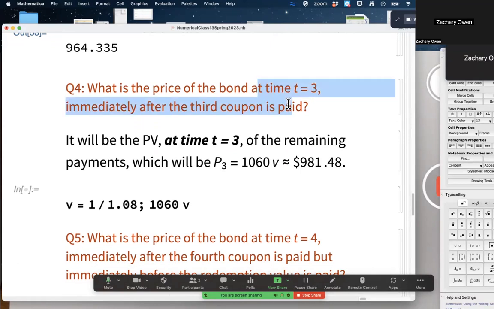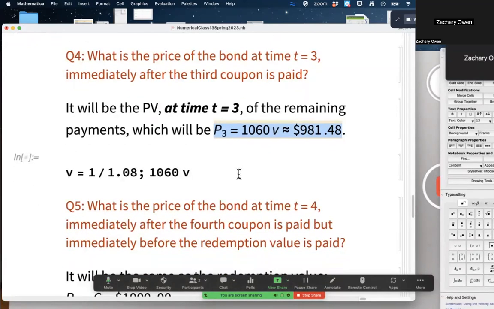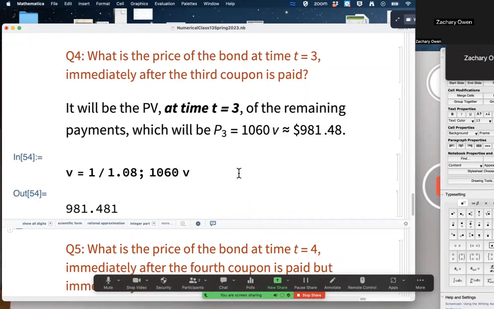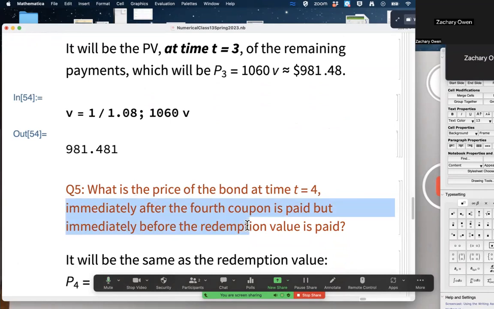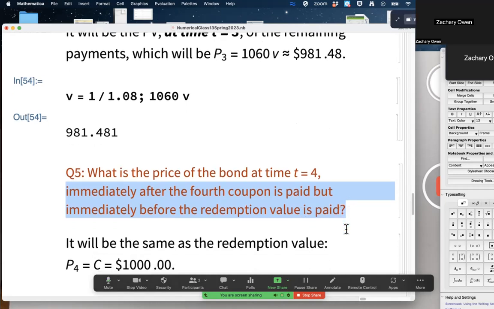At time 3, there's only one payment left, the 1,060 at time 4 that needs to go back by 1 year. 1,060 times V is 981.48. How about at time 4, immediately after the 4th coupon, but before the redemption value? Now, of course, you might get that in just one payment, 1,060.